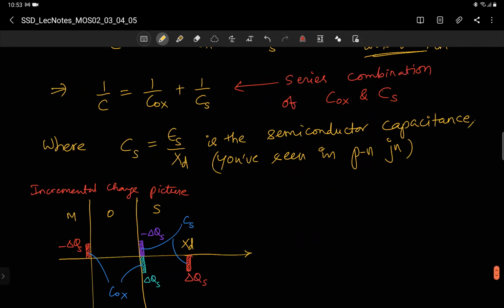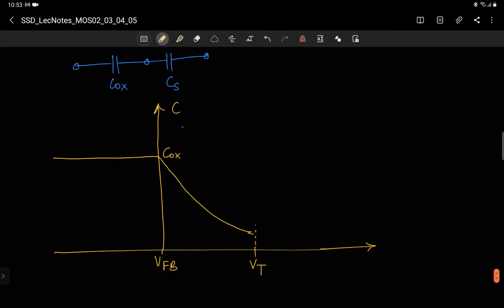So this is the total picture, total line. Inversion we still have to talk about. So C as a function of V: for V less than VFB, we have seen it to be flat, COX, and between VFB and VT, it is depletion and it is decreasing from COX to some value. And what is this value?